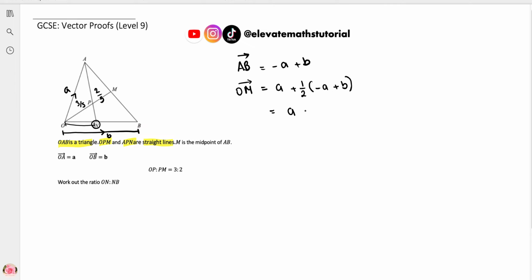And then if you collect the like terms, you're going to end up with A minus a half A, plus a half B. Okay, and that equals a half A plus a half B. So this is the second vector we've calculated.